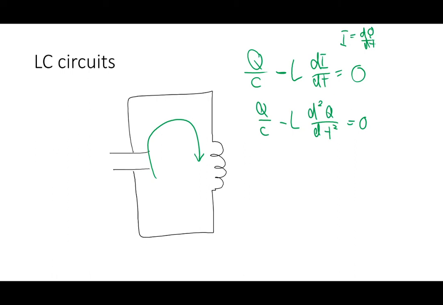You might remember this faintly from your simple harmonic motion discussion, but really we're looking for a function that looks just like its second derivative, and these are sine and cosine functions.